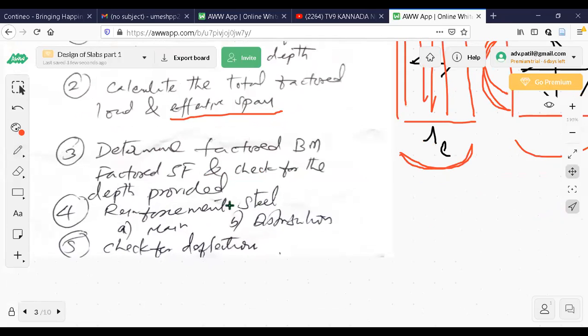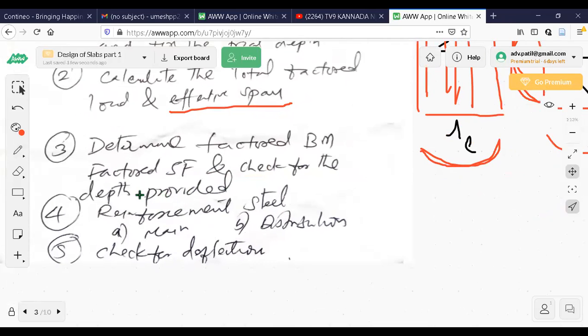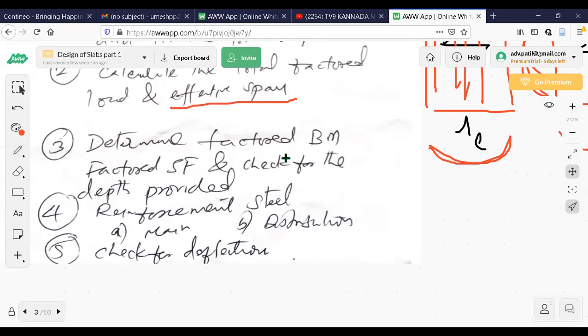Next is to determine the factored bending moment and factored shear force, and check the depth provided. How do you check whether the depth is sufficient? Let us say I have assumed 120 mm thickness of the slab. Now I should check whether it is sufficient or whether I should go and revise the design. If the depth is insufficient, you should not go to the next step of calculating reinforcement.